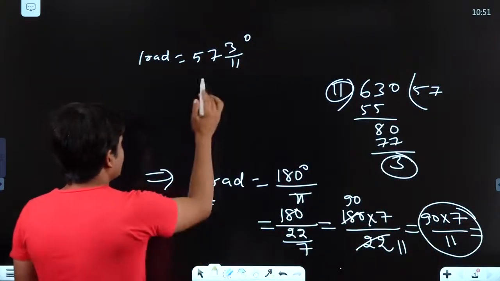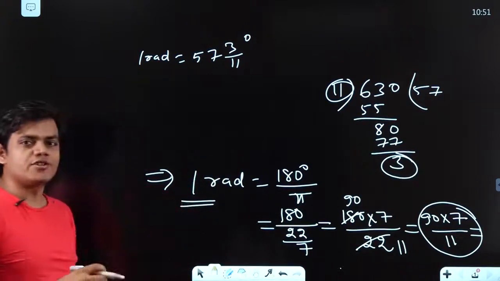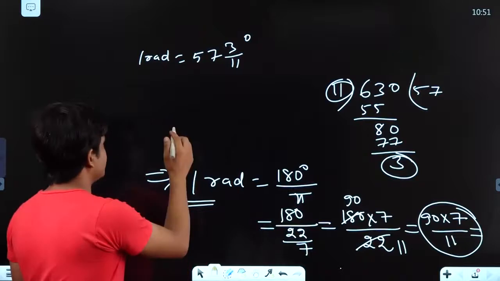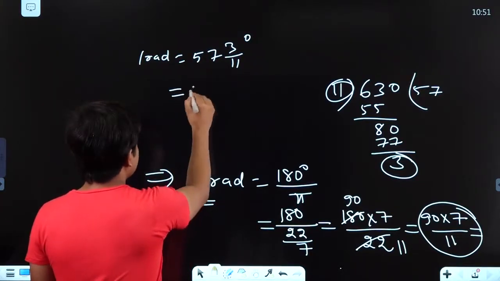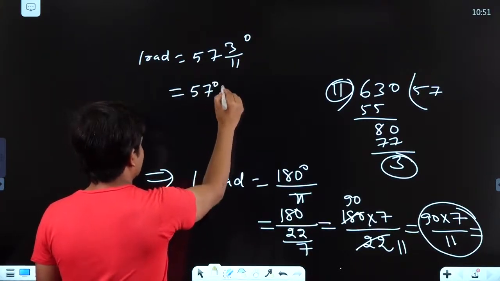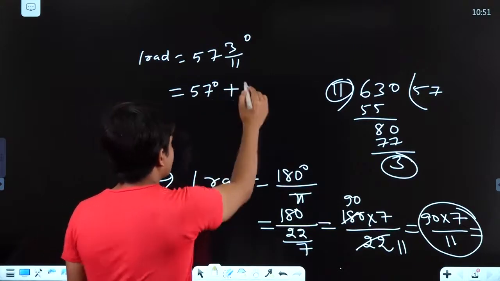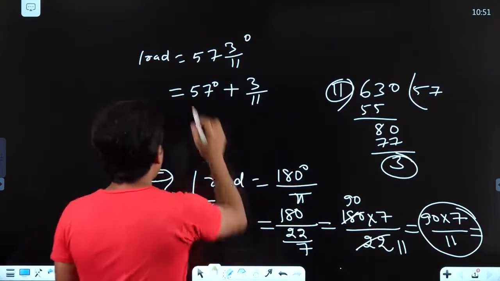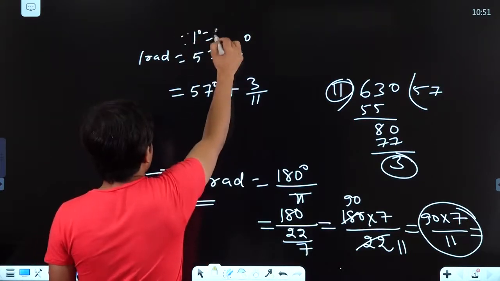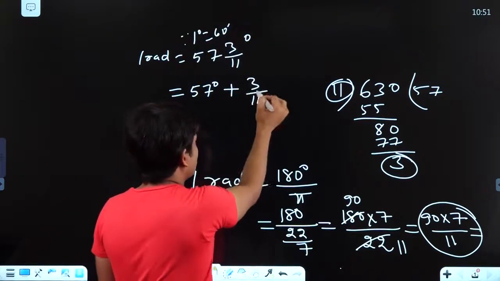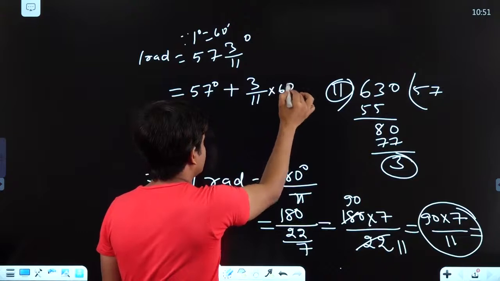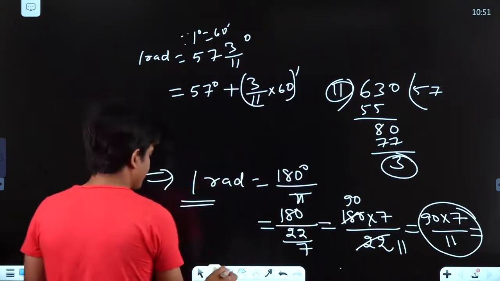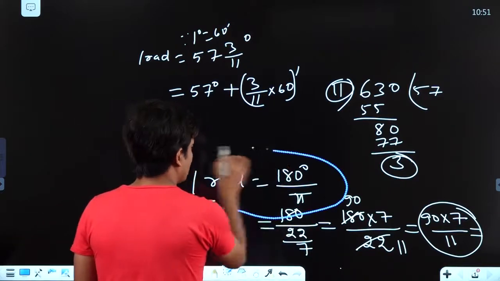But now we have to change it into minutes and seconds, and that's why what shall we do? This is certainly 57 degree, plus 3 by 11 degree. So as 1 degree is equal to 60 minutes, therefore 3 by 11 into 60 minutes will be there. All right, so now what shall we do?